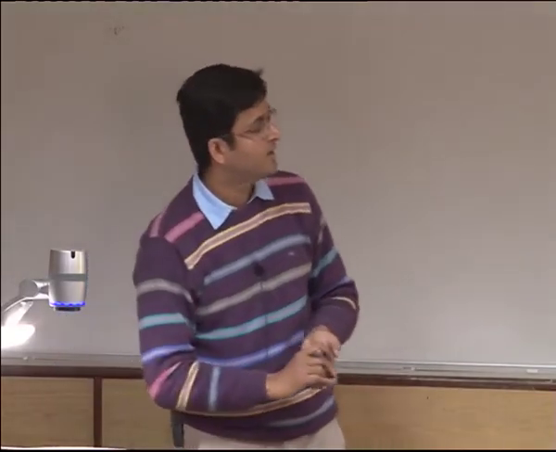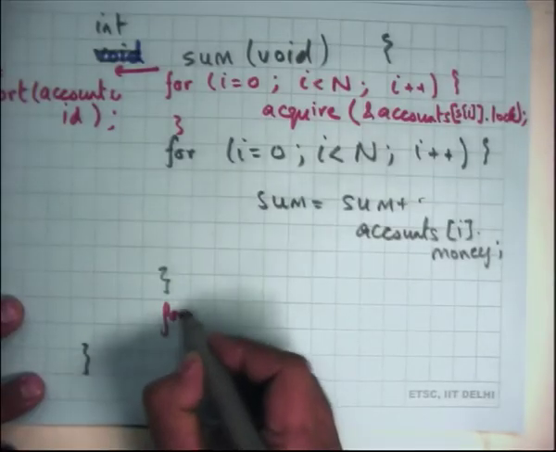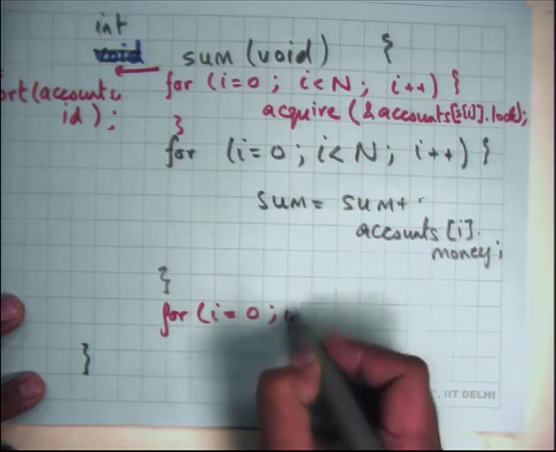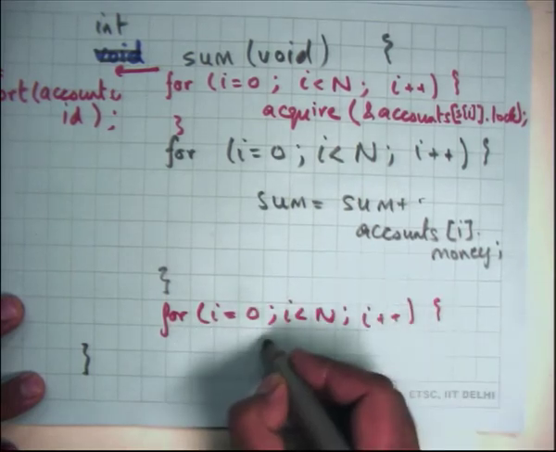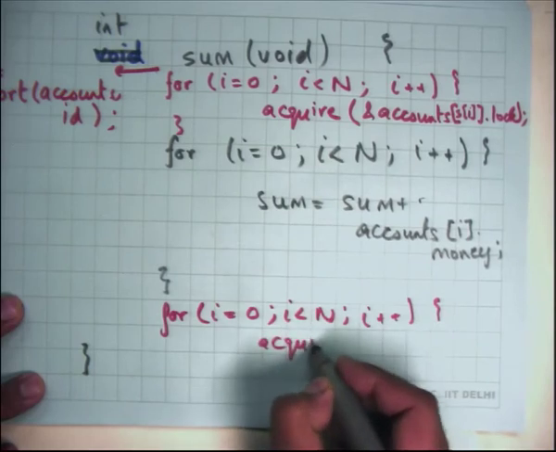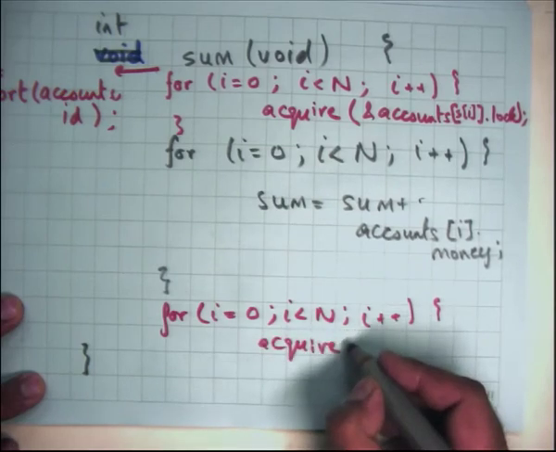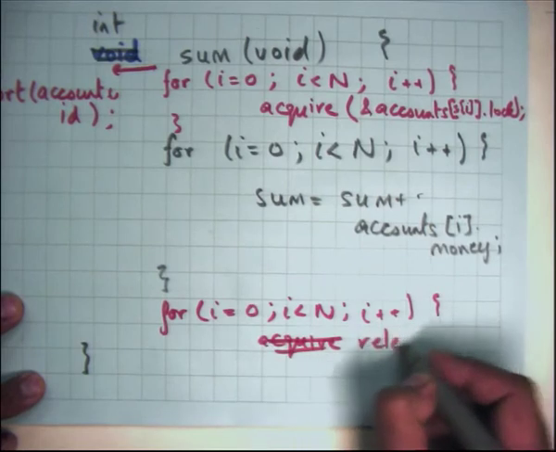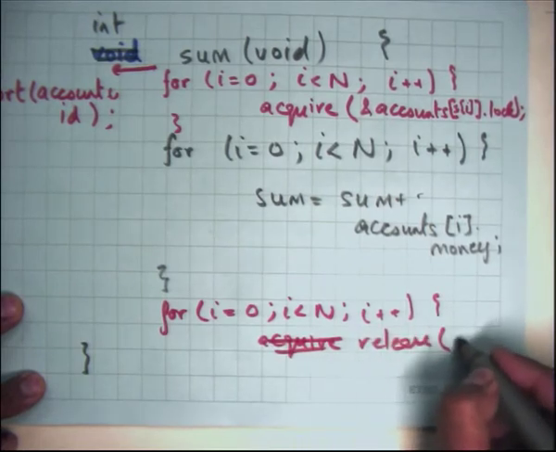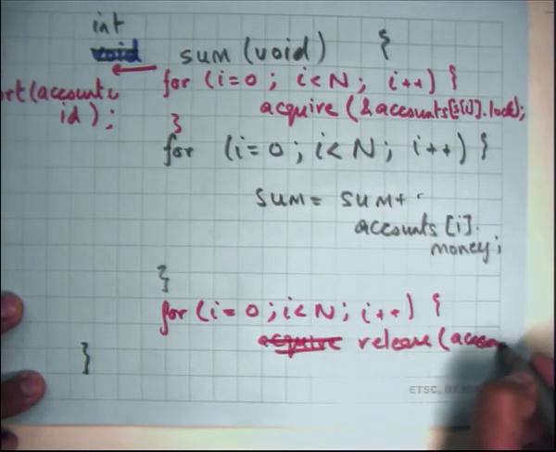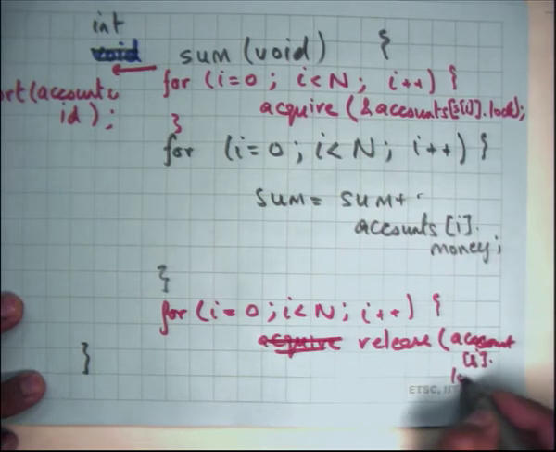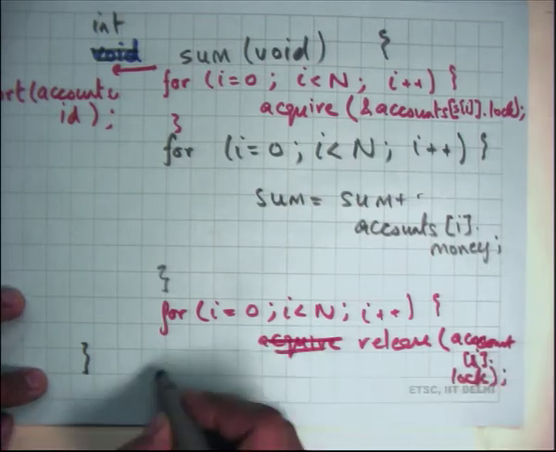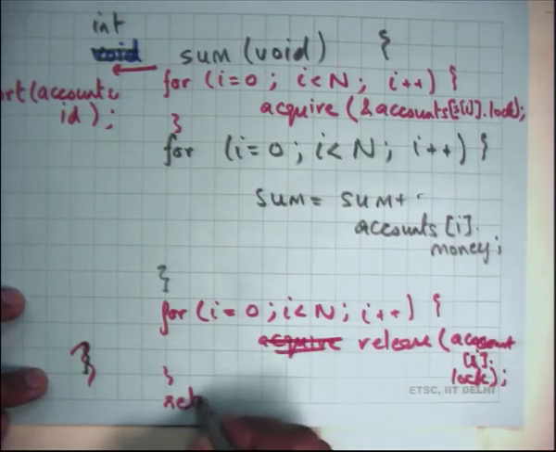And similarly, you're going to just release it here. But if we are sorting, then we can acquire and release on demand now, because we will be acquiring in the same order. Release. All right, account. Here you don't care about the order, right? And return sum.